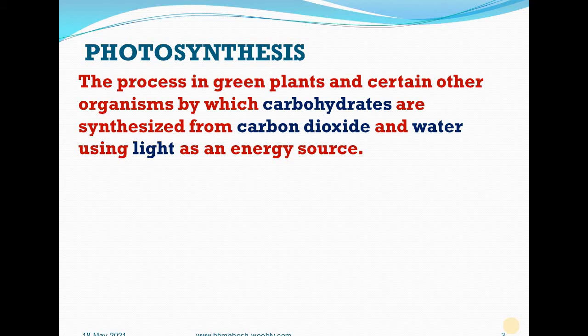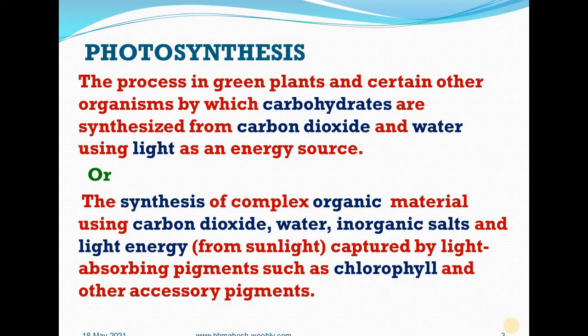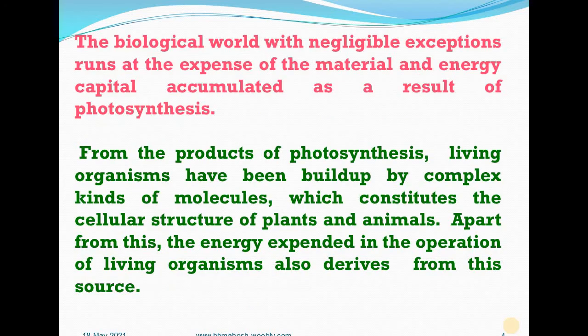The process in green plants and certain other organisms by which carbohydrates are synthesized from carbon dioxide and water using light as an energy source, or in other words, the synthesis of complex organic material, that is nothing but glucose, using inorganic substances, that is carbon dioxide, water, inorganic salts and light energy, that is captured by light absorbing pigments such as chlorophyll and other antennae or accessory molecules.